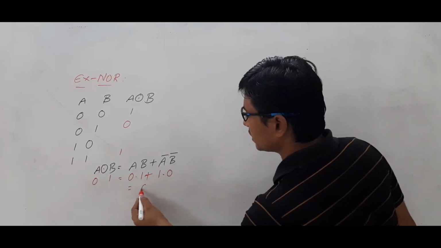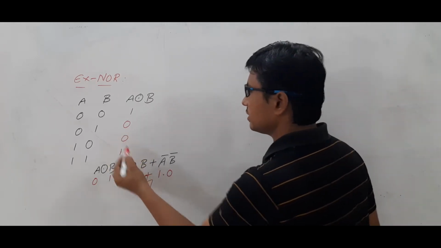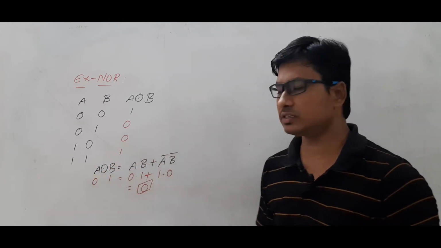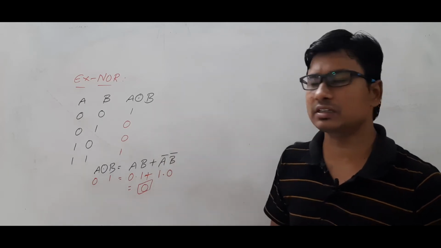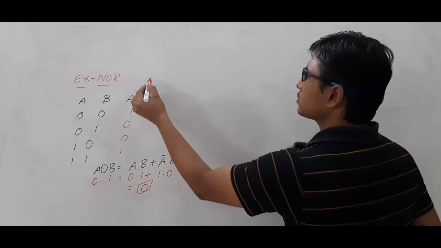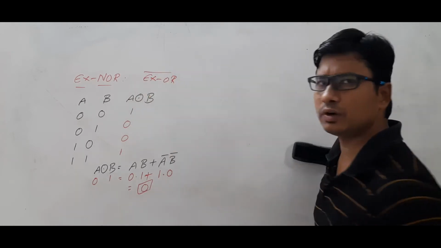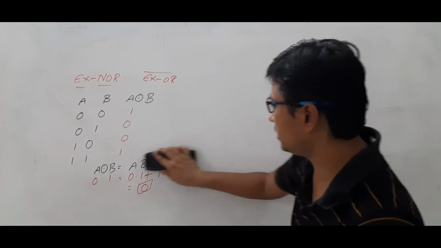So totally you will get 0. Is it clear? I have simplified this expression and substituted the values, and I got it. Or some people will say that you already know exclusive OR, and the complement of exclusive OR gives you exclusive NOR. Am I right or wrong? Is it clear?